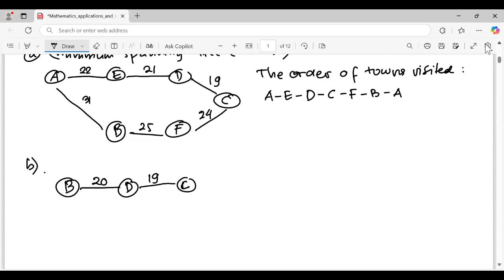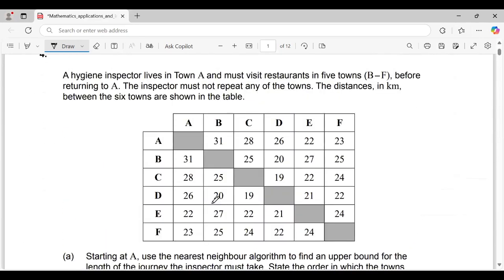Next, the rest is E and F. Okay. From C to E is one. The nearest town to C is F 24, E 22. Okay.